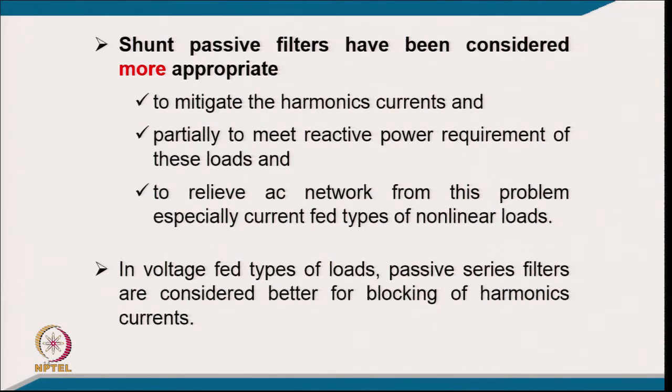Their harmonic currents flow almost uncontrolled, and the total harmonic distortion of a voltage fed load is very high compared to a current fed load. But voltage fed loads normally do not require reactive power. So, in this case we normally prefer to use the passive series filter, which blocks the harmonics from flowing. It works like a kind of dam for the harmonics flowing from the line towards the load.